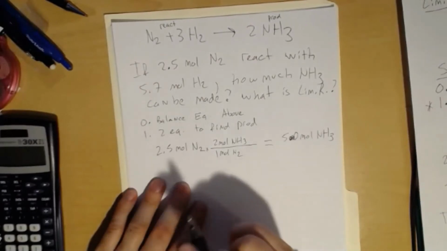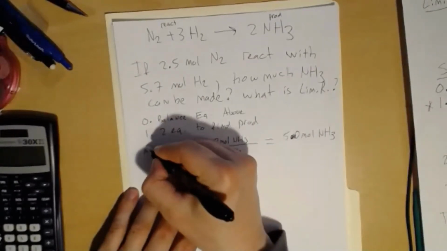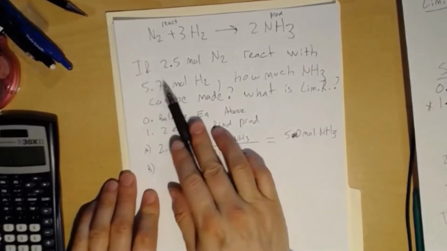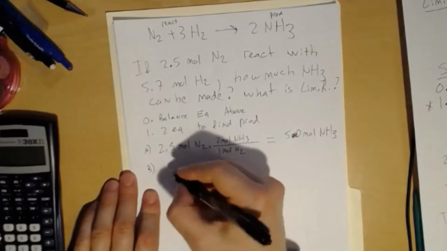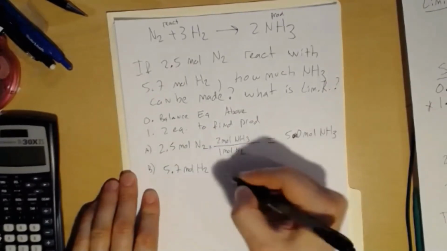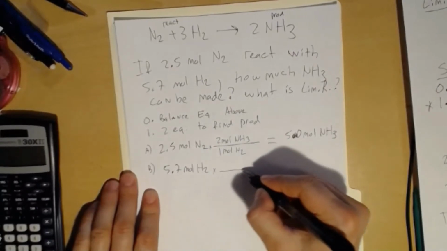Okay, so that's the first equation. I'm going to call that A. Let's do the second equation, B. I also have 5.7 moles of hydrogen. What's the ratio of hydrogen to ammonia?